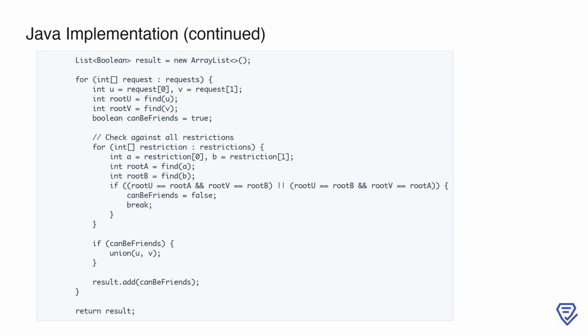For each restriction, we check if the two users involved in the request belong to restricted groups. If their roots match the roots of the restricted pair, we conclude that the request cannot be granted and set can-be-friends to false. If the request can be granted, we merge the groups of U and V using the union function. Finally, we add the result of the request, true or false, to the result list.